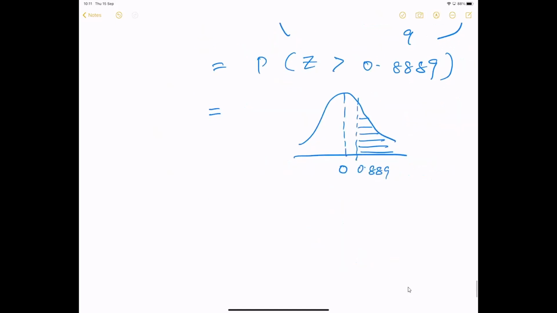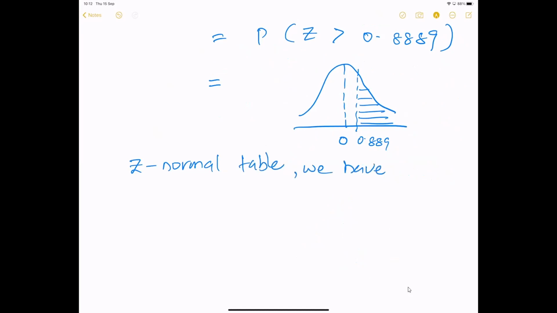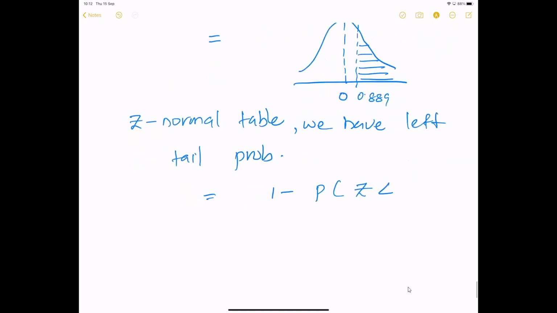In the standard normal table we have left tail probabilities, therefore we have to subtract this one from 1. The value is 0.889.